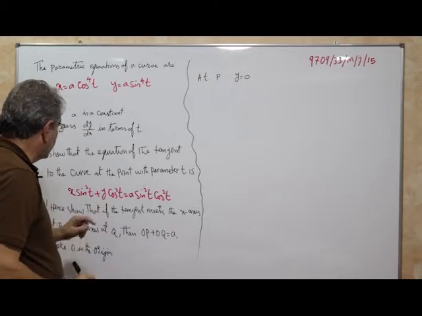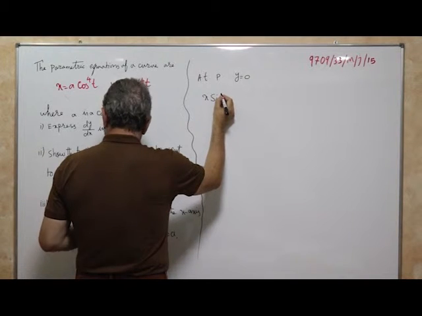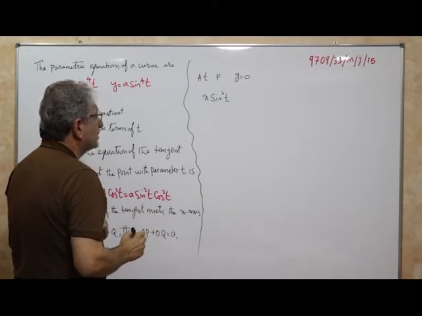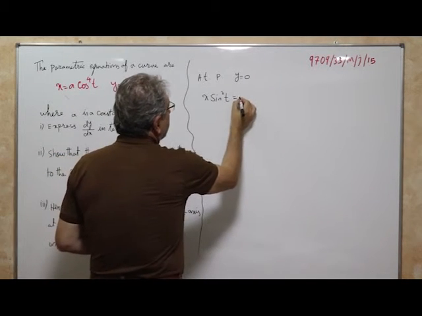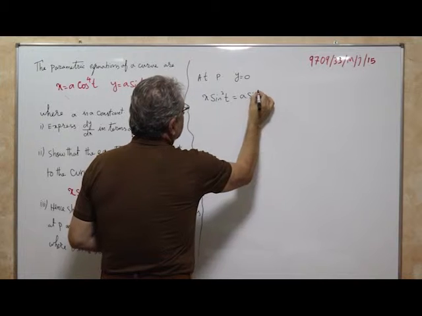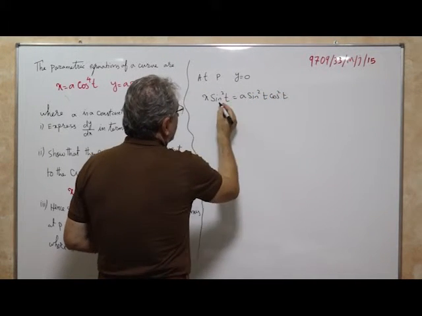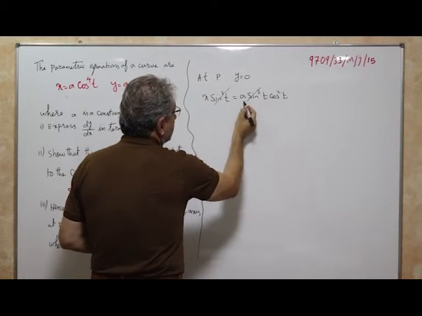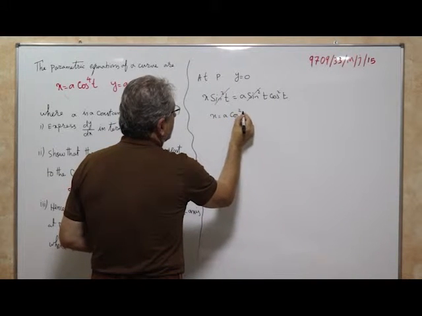Then you put y as 0 here, you are going to get x sine square of t. Y is 0, therefore this part will be 0. Therefore you are going to get a sine square of t cos square of t. You can divide both sides by sine square, therefore these two get cancelled. You are getting x equal to a cos square of t.